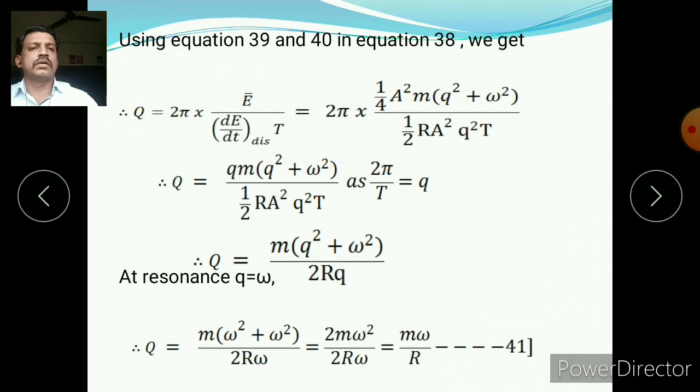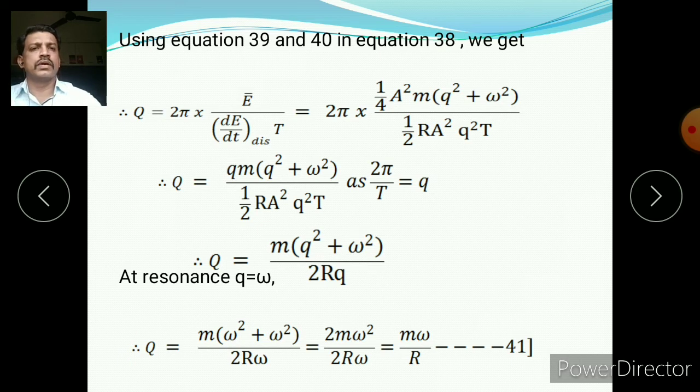here what we say is m (q squared plus omega squared) upon half r A squared q squared T, means we just multiply, this 1 by 4 and 1 by 4 will cancel.